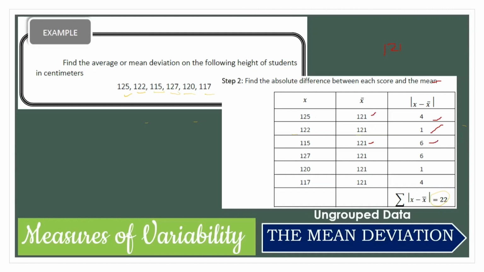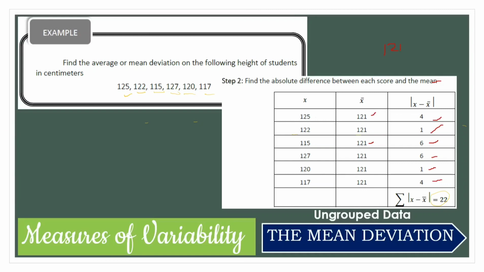That's why what is written there is positive 6. 127 minus 121 is 6. 120 minus 121 is supposed to be negative 1, but we take the absolute value, so we have positive 1. 117 minus 121 is negative 4. Its absolute value is positive 4.